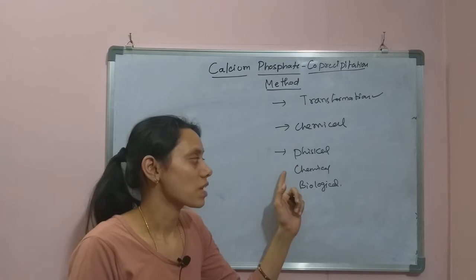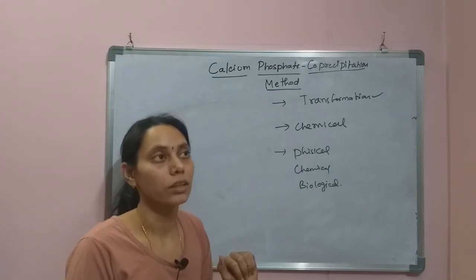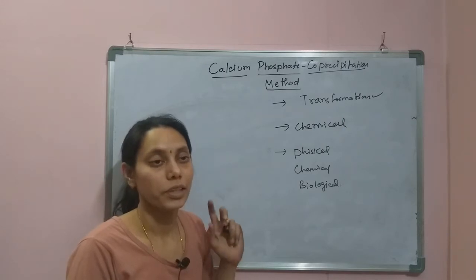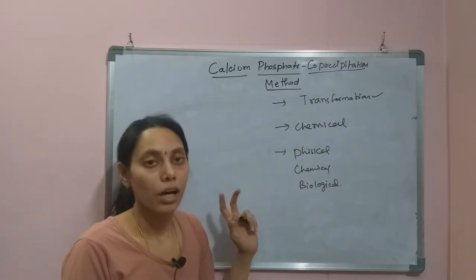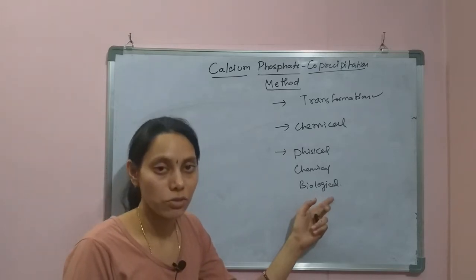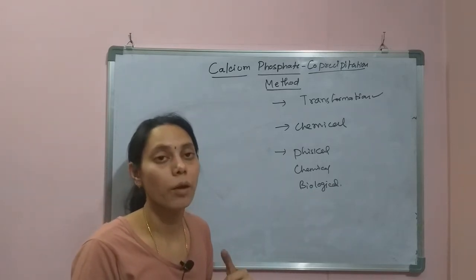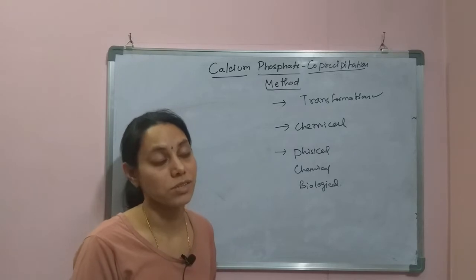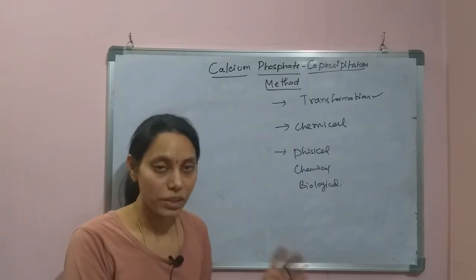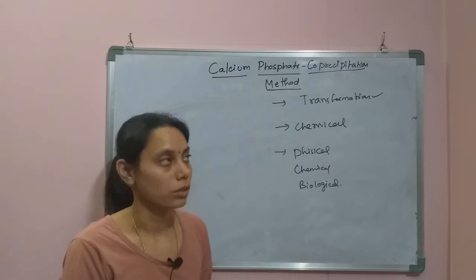Chemical methods are carried out by using a chemical for the introduction of the recombinant DNA into the host cells. Coming to the biological transformation methods, some biological organisms such as virus or bacteria are employed to introduce target DNA inside the host cell.